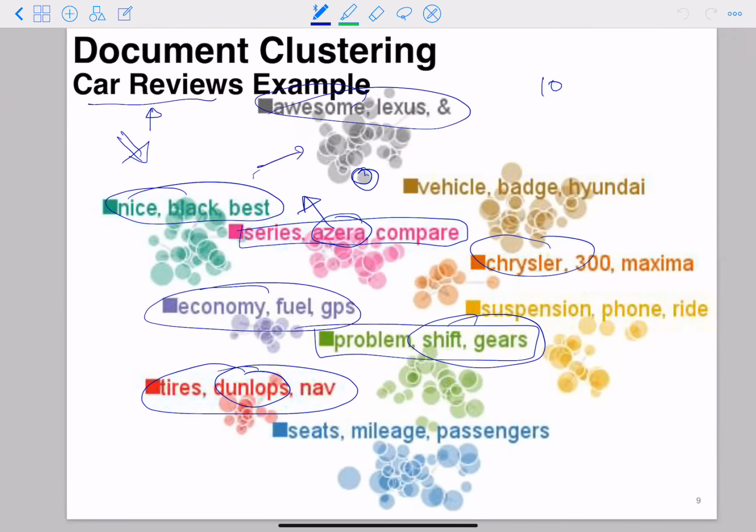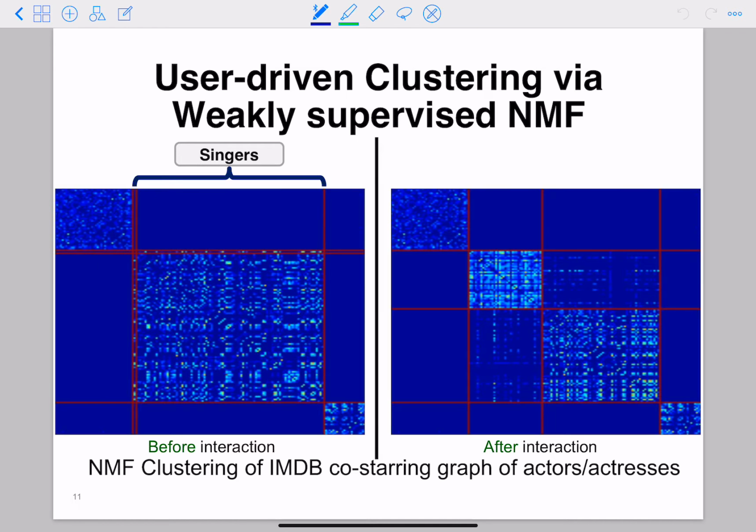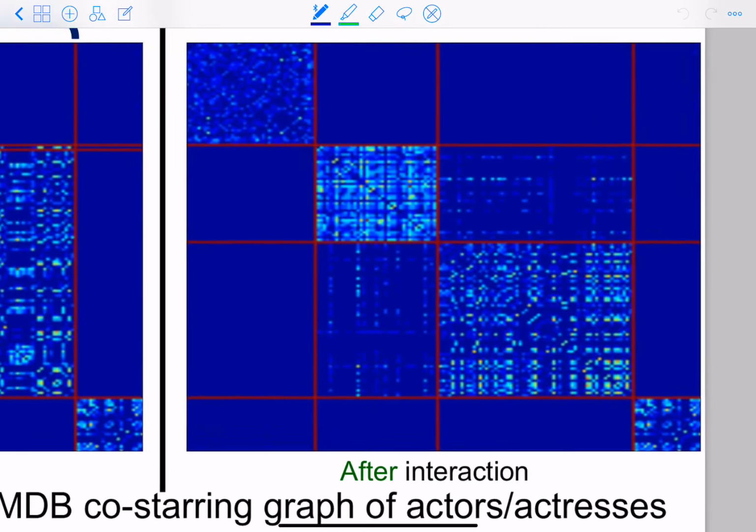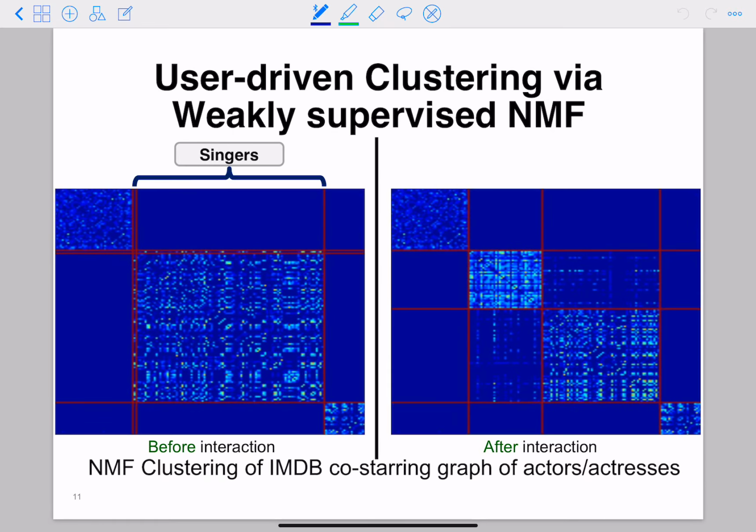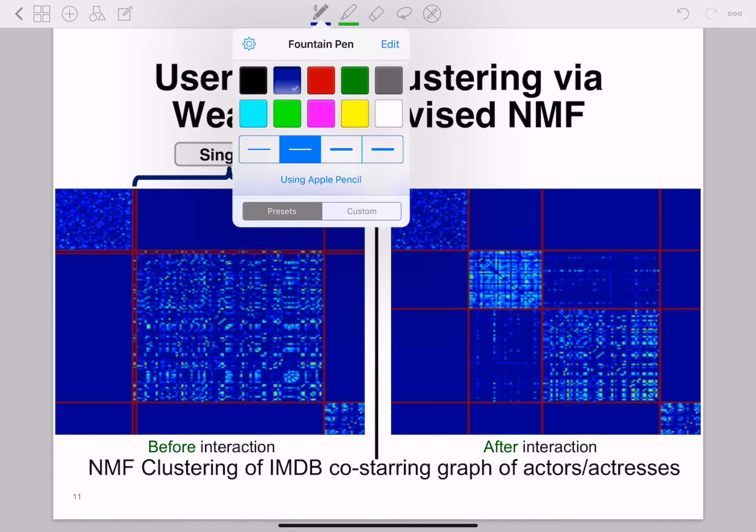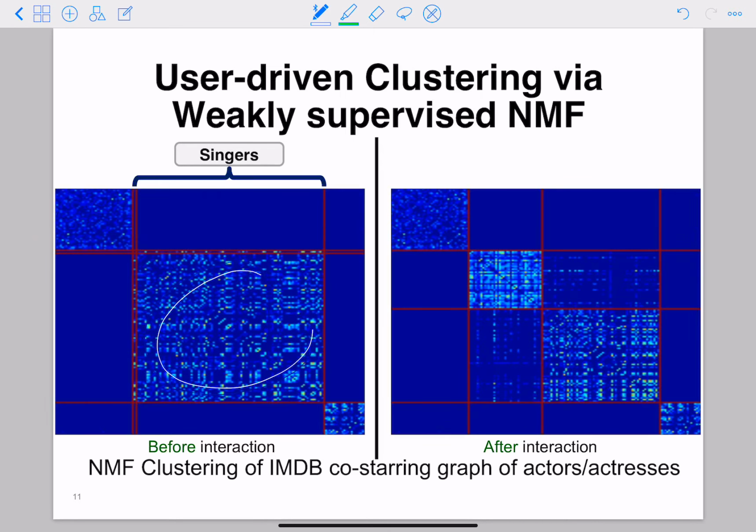Once we give this input in the form of NMF with regularization by involving user feedback, we obtain this clustering, where this big cluster is clustered further into these two parts based on the user feedback.